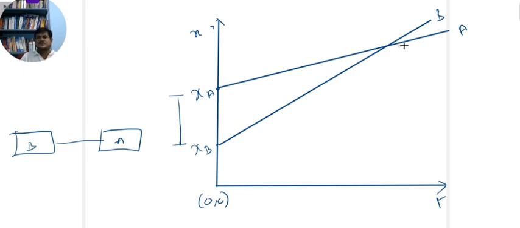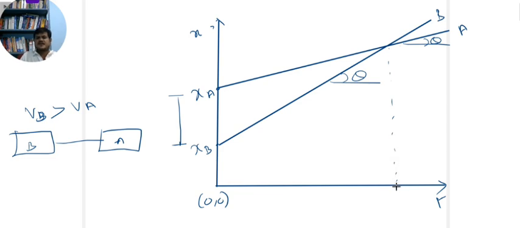This line has a slope like this, theta, and this one has a slope like this, theta. This one is much steeper. The B object is much steeper, so the velocity of B is more than the velocity of A. Even though it started some distance apart, the B object overtakes the A object at this point of time.